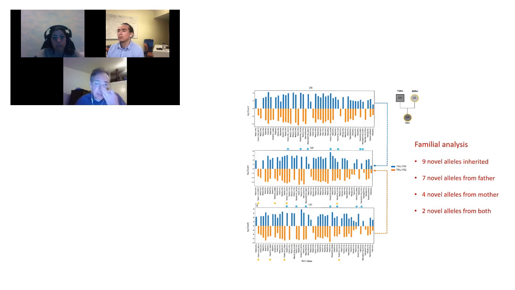And I expect that the more cases that are passed through this type of analysis, the better chance that we will get a more comprehensive database. It's clear at the moment that the current TCR database is greatly underestimating the number of alleles which are present in the human population.